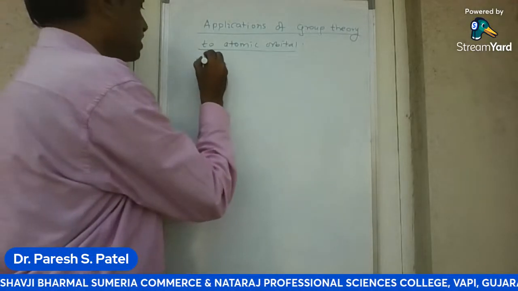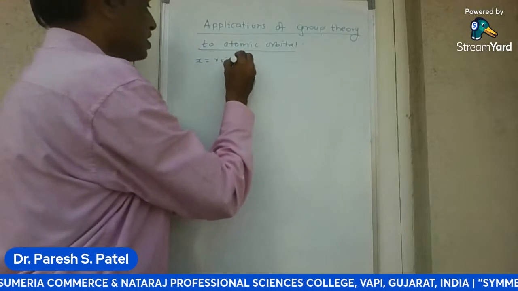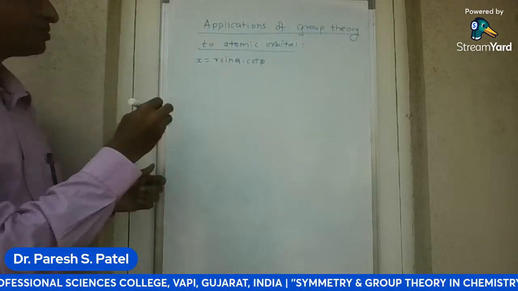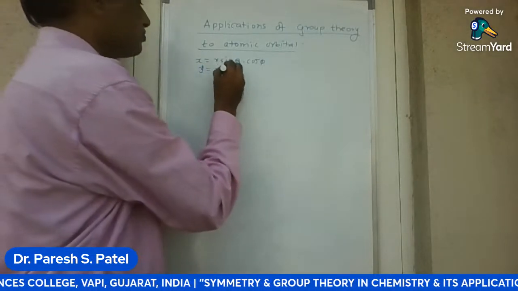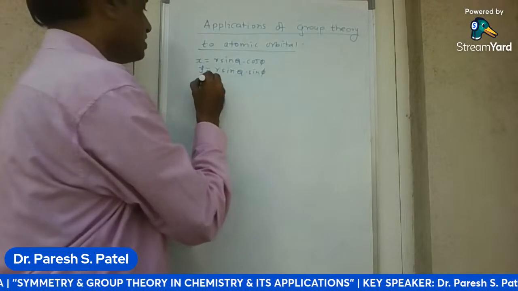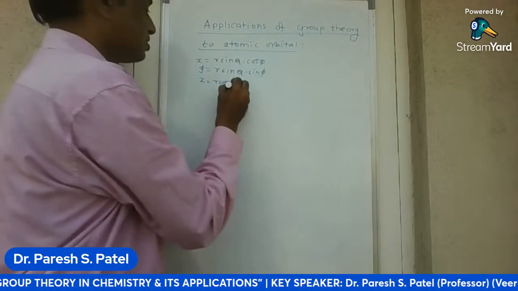We know that x is equal to r sine theta cos phi, and y is equal to r sine theta sine phi, and z is equal to r cos theta.